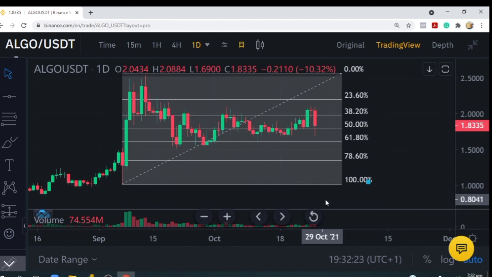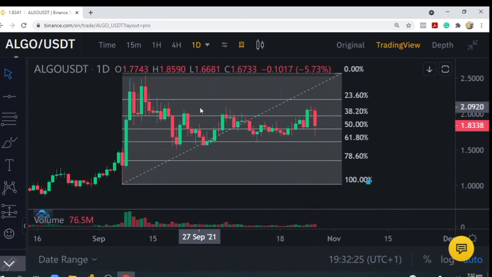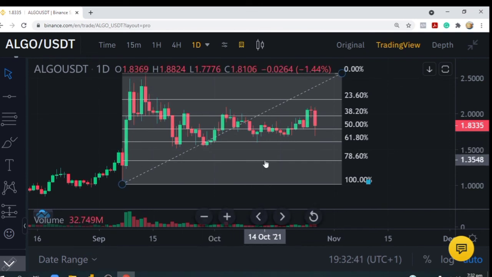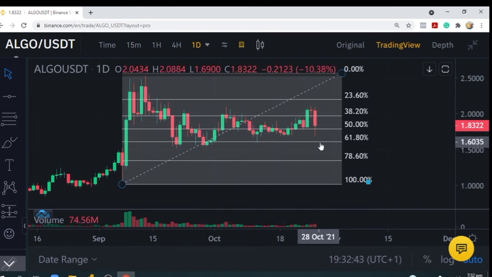Basically, the Fibonacci retracement helps you to know where the areas of major activity are, and at what point buyers are very likely to come into the market and start buying to push the price up again.